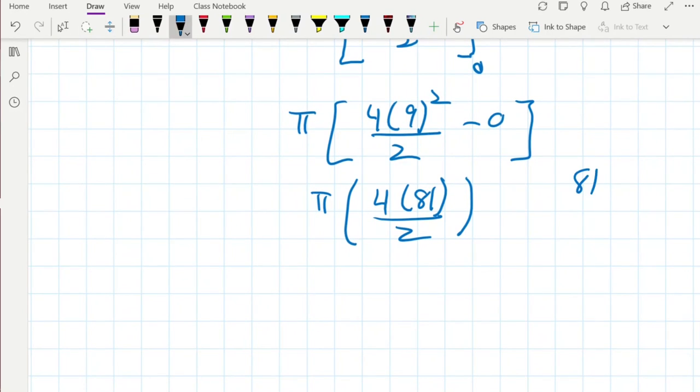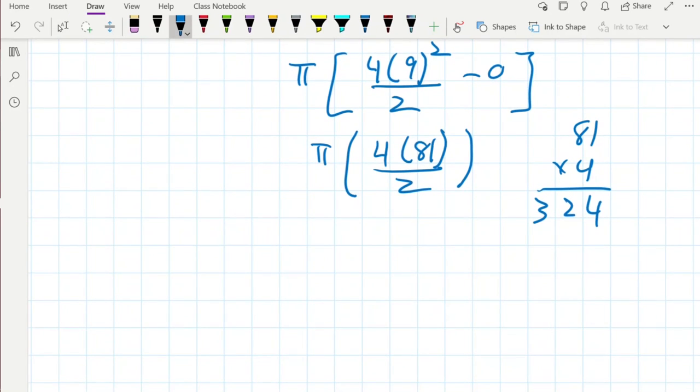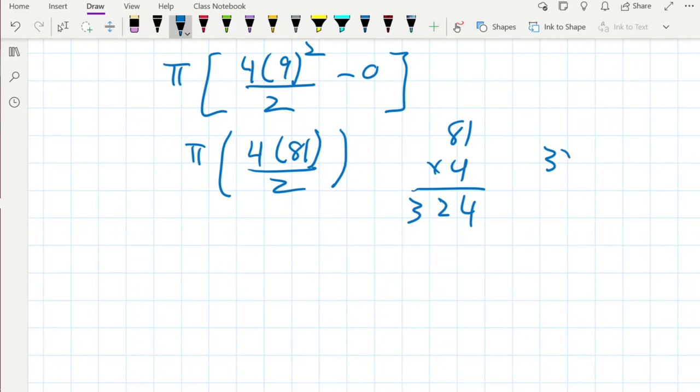And then 81 times 4 equals 324. Then we can actually take 2 out of that. So 324 divided by 2 is 162, so 162 pi should just be the answer. Let me check the answer real quick. 162 pi is the correct answer.